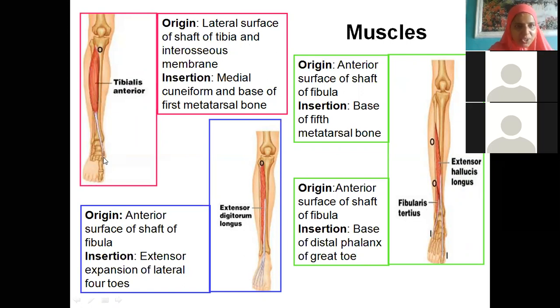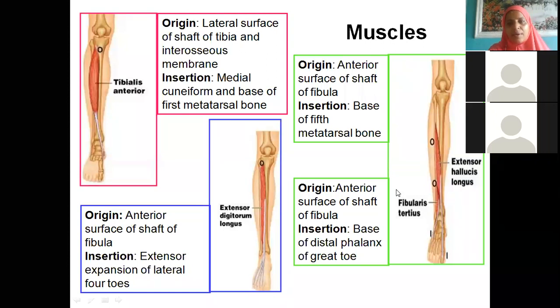Insertion is the medial cuneiform and the base of the first metatarsal bone. Then extensor digitorum longus comes from the anterior surface of the shaft of the fibula. Insertion is the extensor expansion going to the lateral 4 toes, to the bases of the distal phalanges.